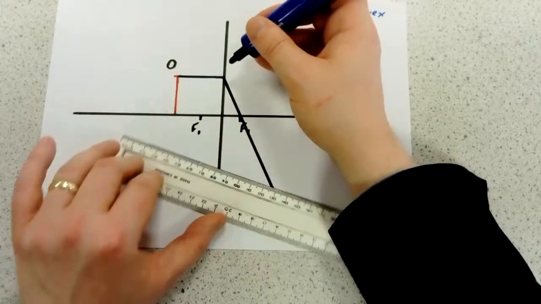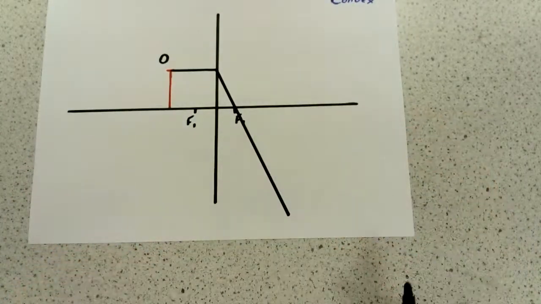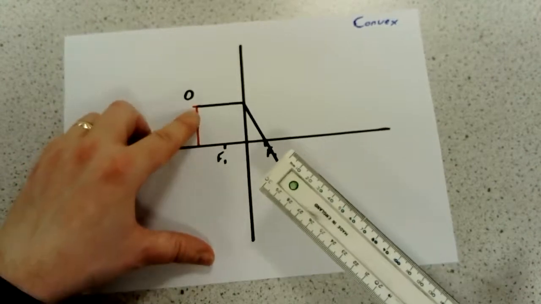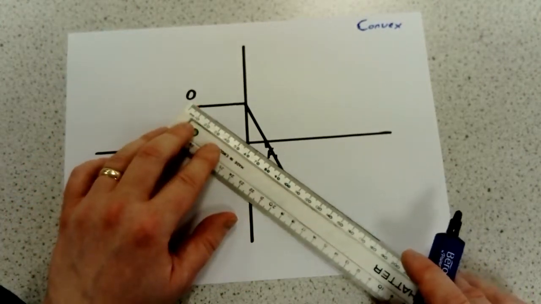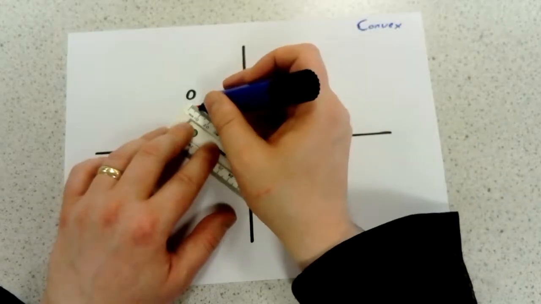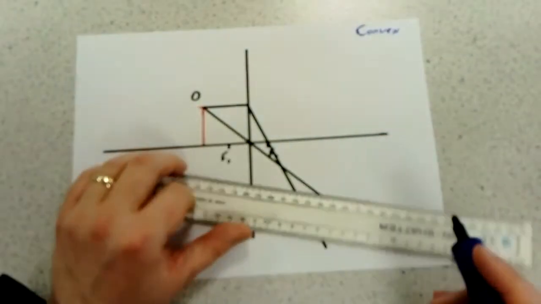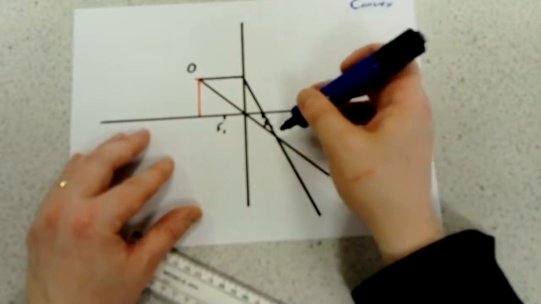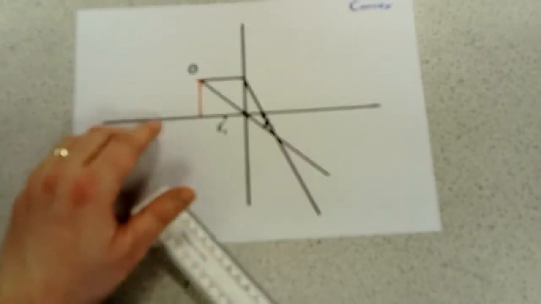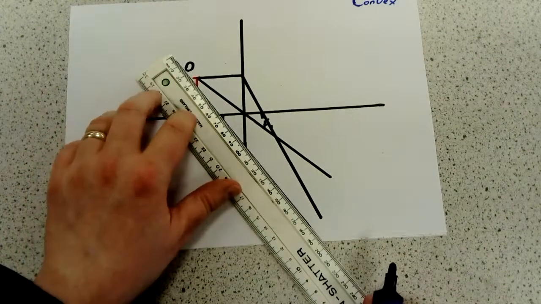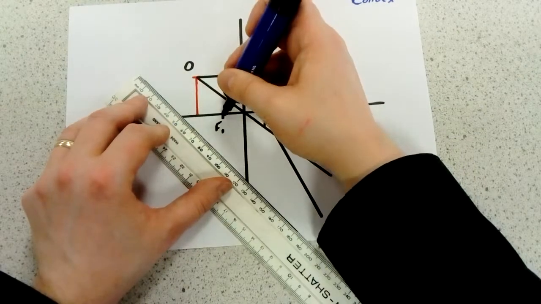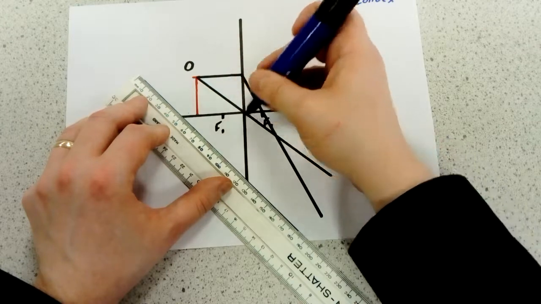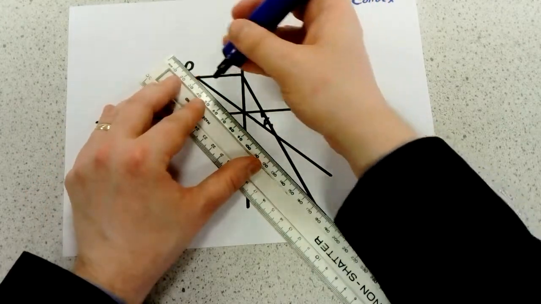When you're drawing it, make sure it carries straight on through. Your second line is going to go from the object through that central point, and we can already start to see where that image should form. And the third line is going to go from the object down through the focal point on that side until it gets to the line of action.